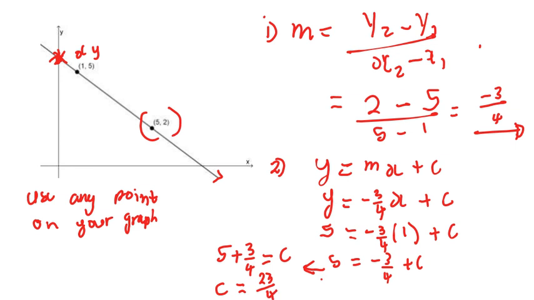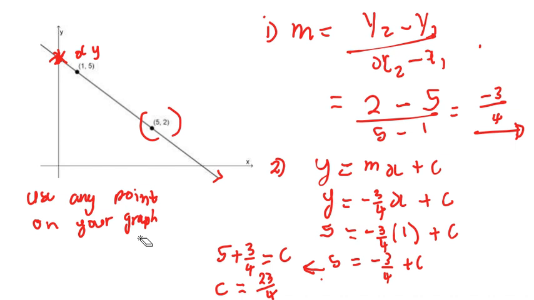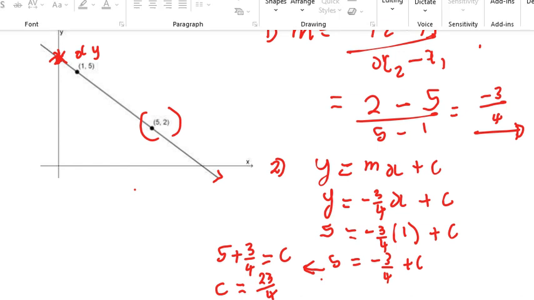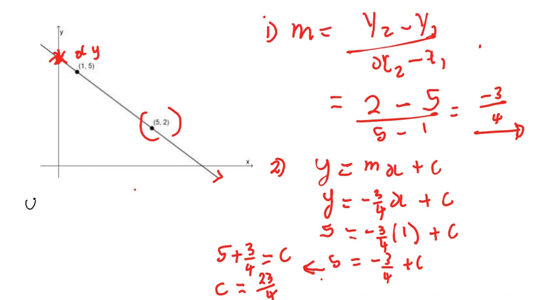So that's what you need to do. As we follow the steps, c was found to be 23 over 4. How simple is that? It's very simple. So our equation is y is equal to negative 3 over 4 x. Is it plus or negative?